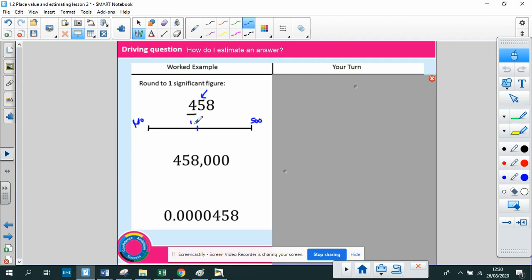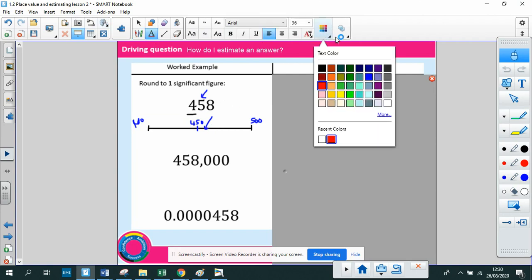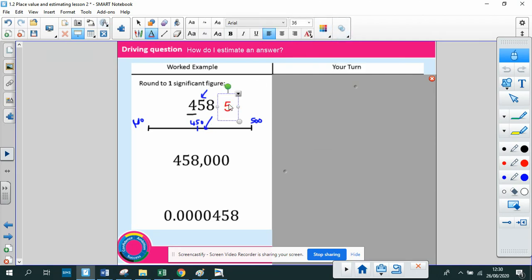Right in the middle will be 450. And is 458 closer to 400 or 500? It's going to be about here. So we will say it's closer to 500. You don't need to draw a number line, that's just to show you how it works.